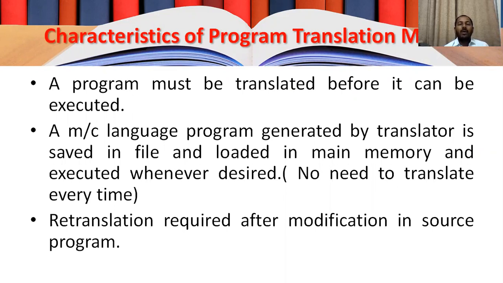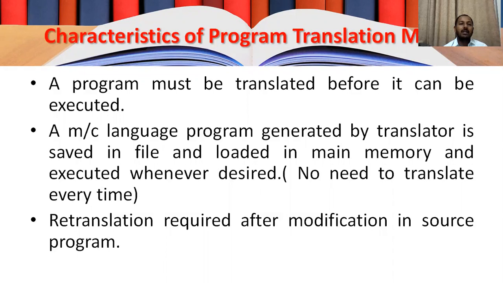That means whenever we write a C program, we compile it. At the time of compilation, translated code is generated. When we press Alt F9, translated code is generated. And when we press Control F9, that is when we execute, the program gets executed. Here, for the translation, we have used Alt F9.